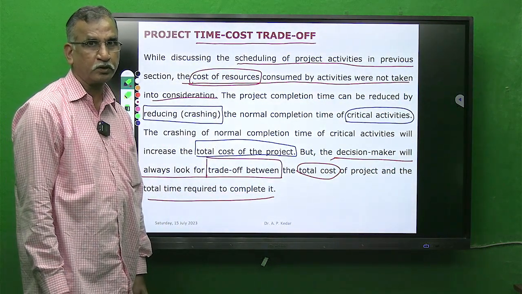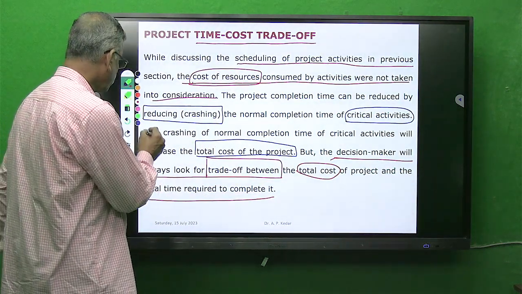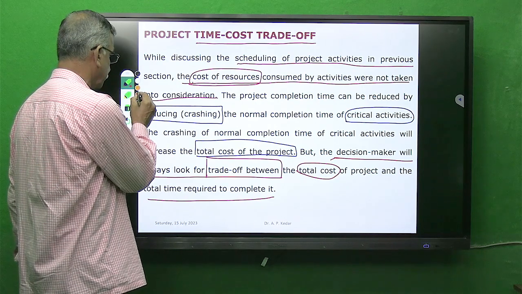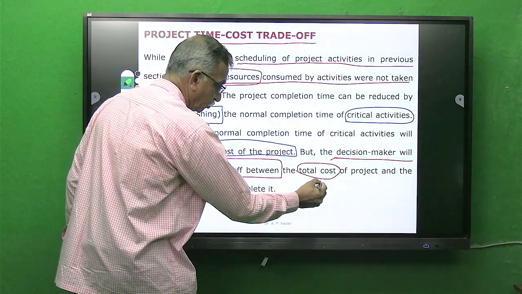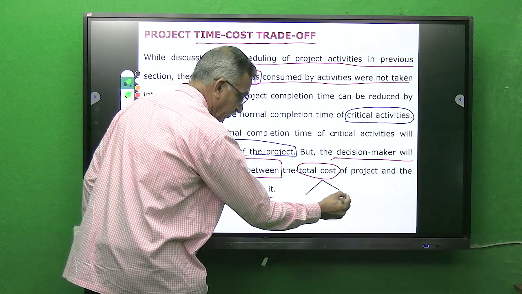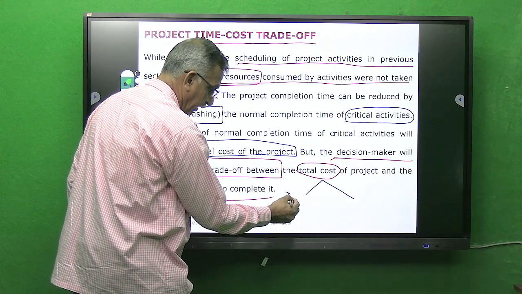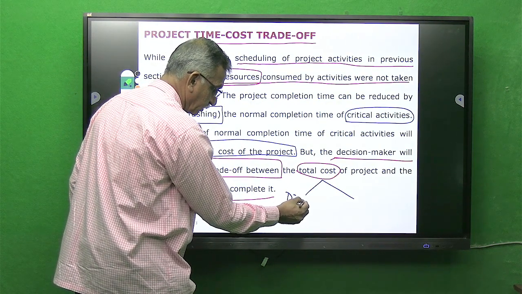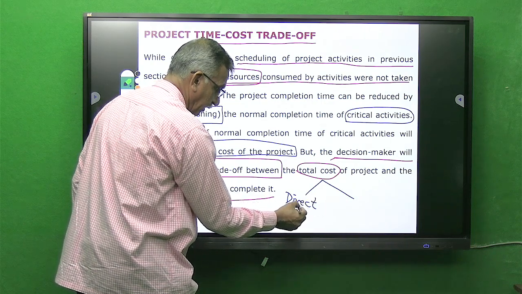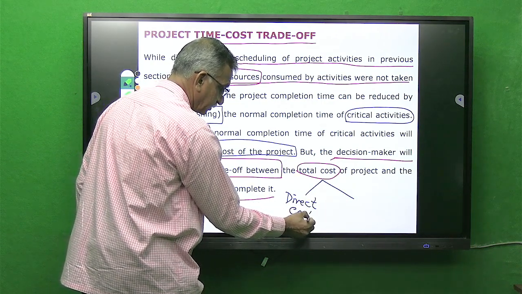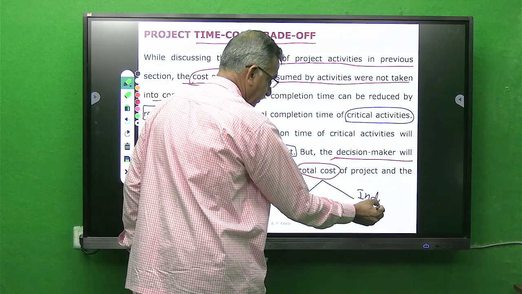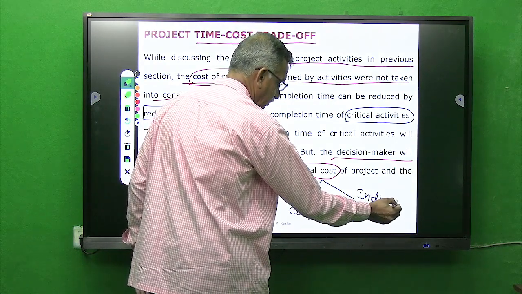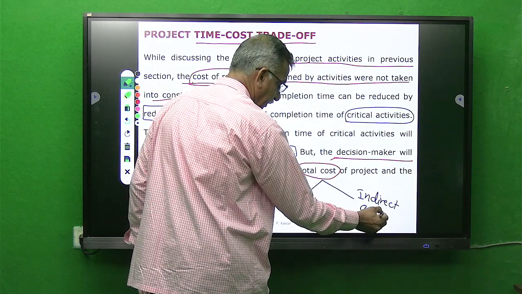Students, keep one thing in mind. When we say total cost of project, this total cost is divided under two heads. The first head is direct cost, whereas the second head is indirect cost.